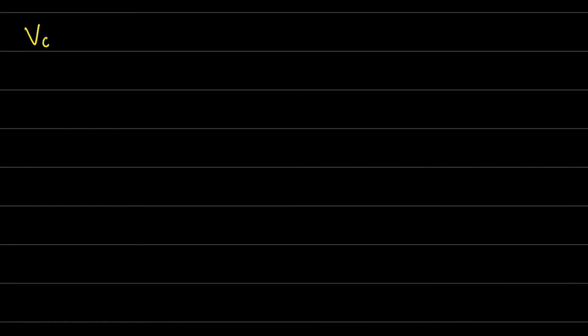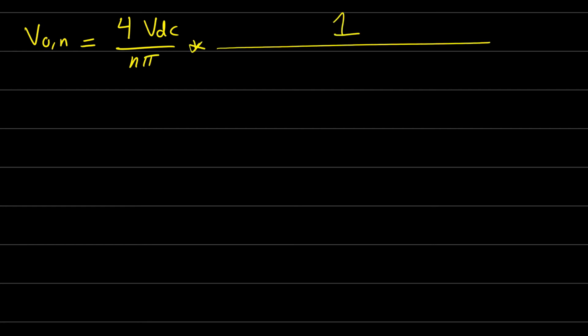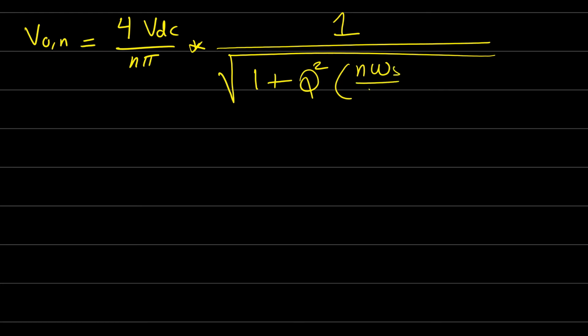So we have V out equal to how much? 4 VDC over n pi times, now here is 1 because R will go with R, and here we have 1 plus Q squared times n omega s over omega naught minus omega naught over n omega s, and this is squared.